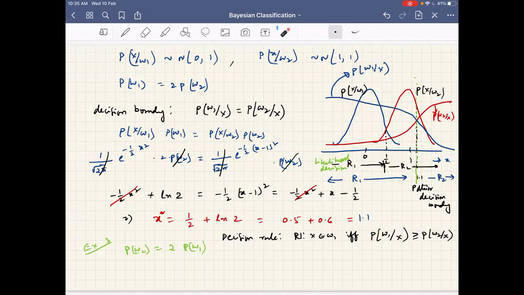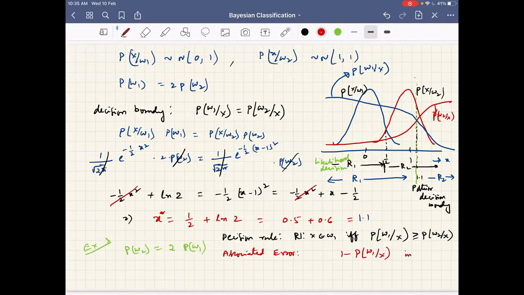So if this is the decision rule, the associated error is 1 minus P of omega 1 given X. This is the error in which region?